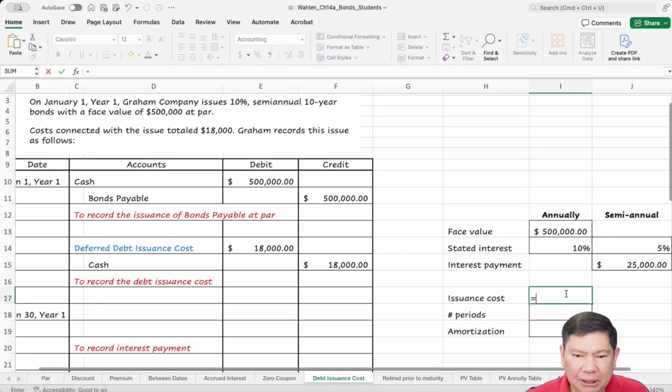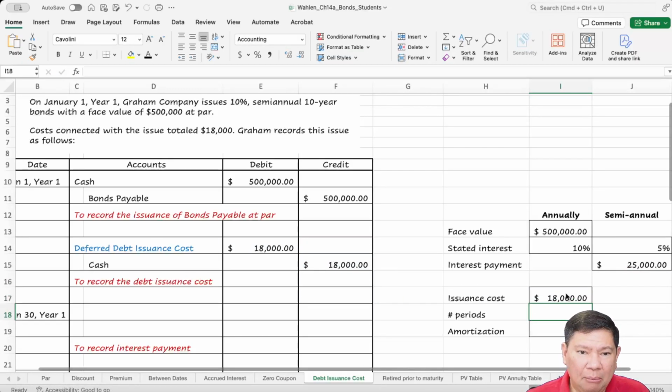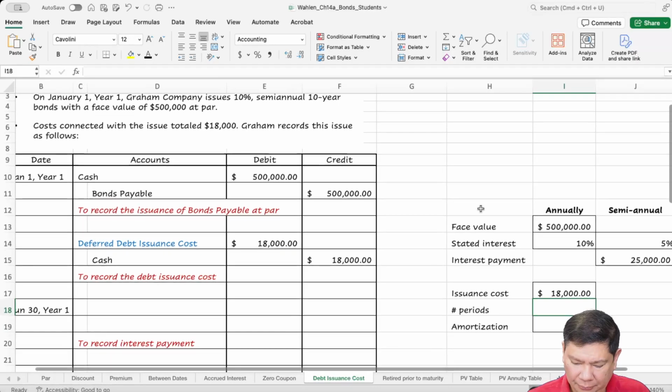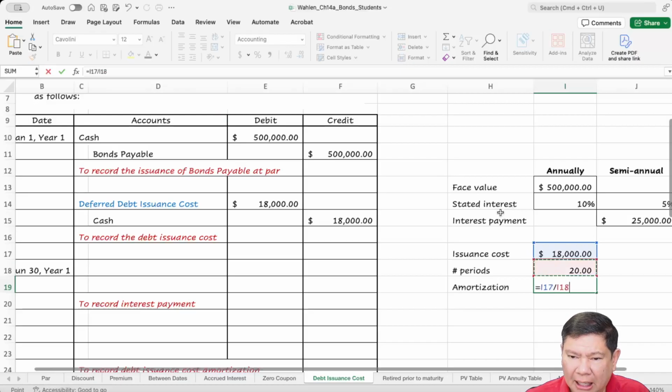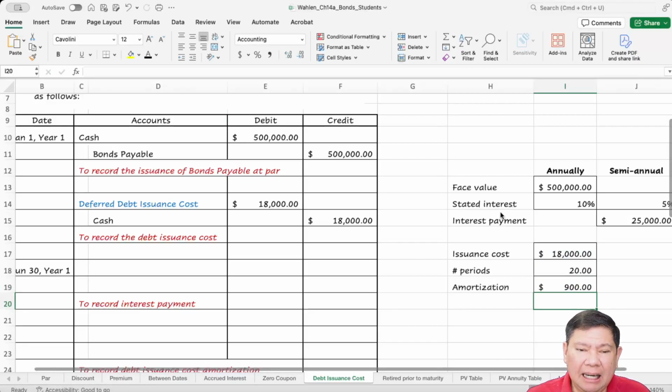Now the issuance cost is $18,000 and the number of periods is 20 periods because of 10 years semi-annual. So every 6 months we will amortize $900 of the debt issuance costs.